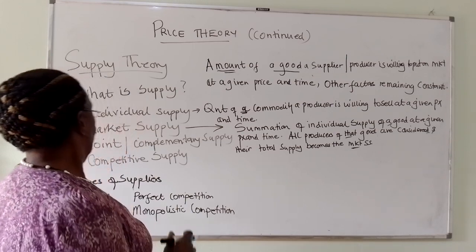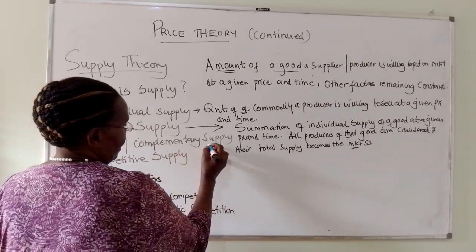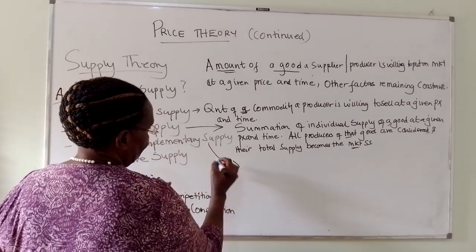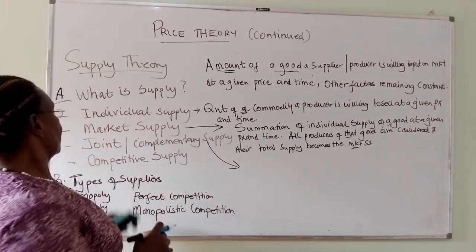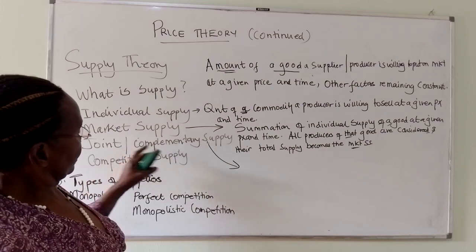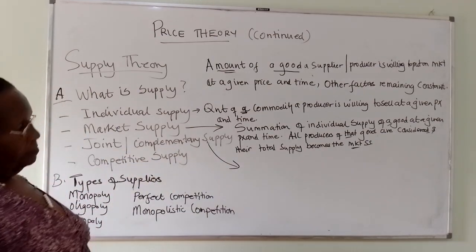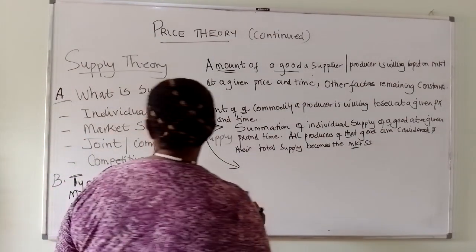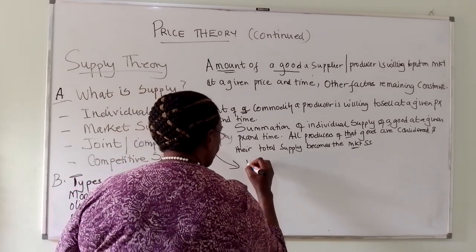Then supply again has a nature. When we are supplying commodities, some commodities are jointly supplied, or their supply is complementary, meaning that their supply is inseparable.